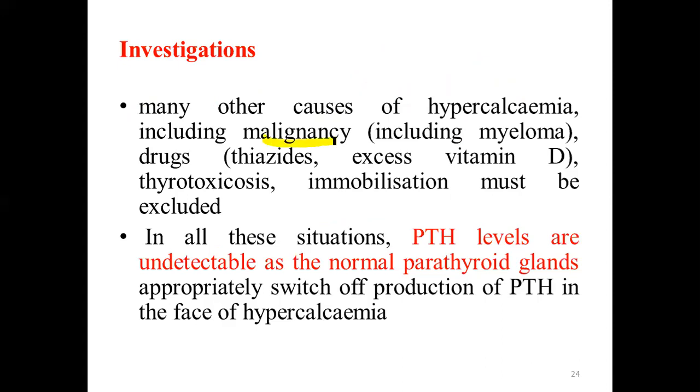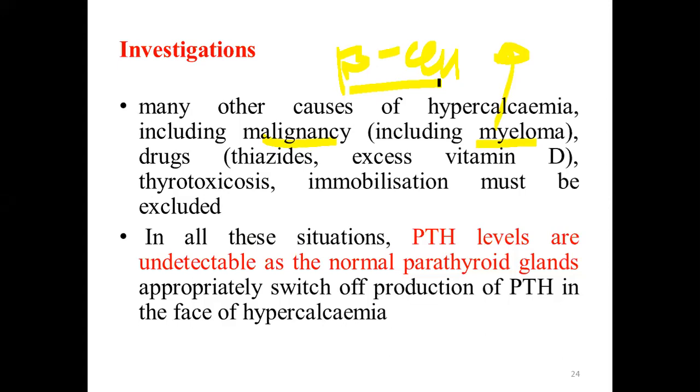Remember, we have seen several causes of hyperparathyroidism, but in terms of calcium level, there are so many causes. For example, multiple myeloma. We'll discuss it when we reach cancer. Multiple myeloma is a plasma cell disorder, just a plasma cell malignancy.